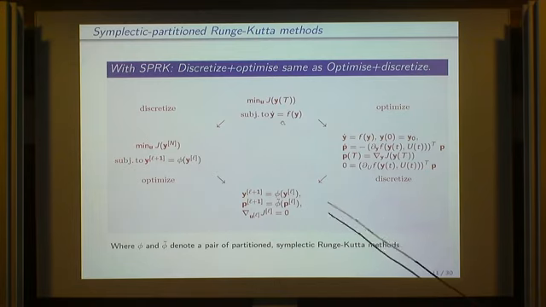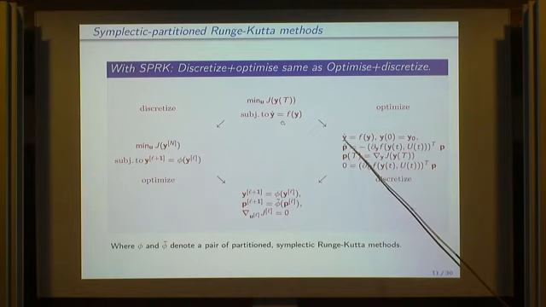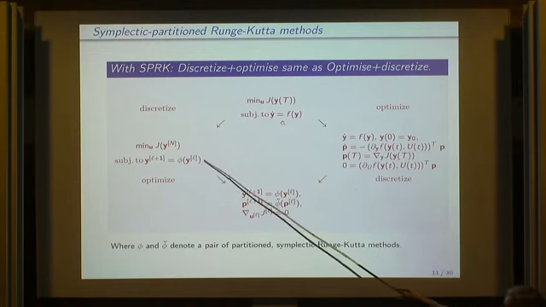So one thing that you should note, if you want to approach this problem directly, is not to use the same Runge-Kutta method for solving this and this, because that would not correspond to optimizing a discrete problem, and that typically leads to inconveniences, to order reductions in Runge-Kutta methods.